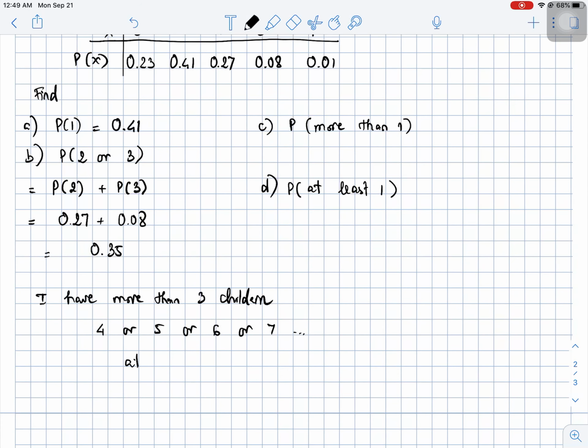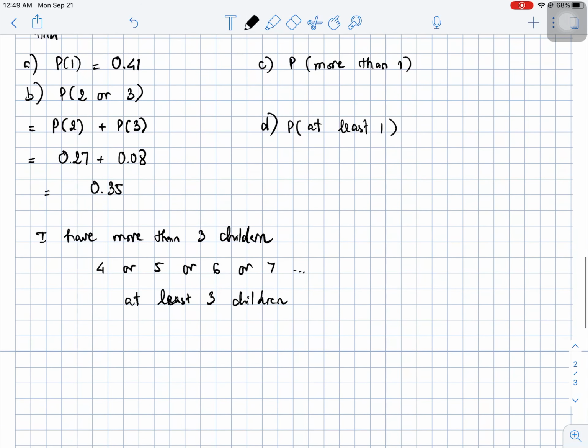And what if I say I have at least 3 children? The word at least means the minimum is 3. So I may have 3 or 4 or 5 or 6 or 7 and so on.